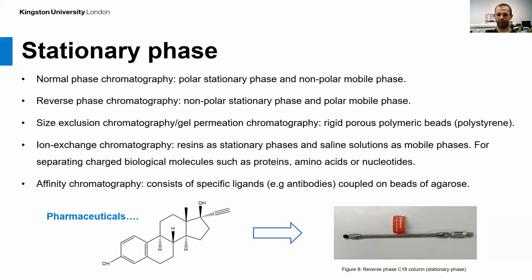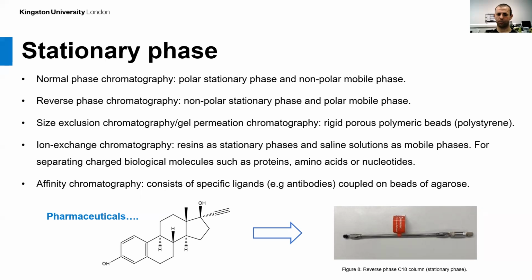Normal phase chromatography: the stationary phase is polar, while the mobile phase is non-polar. Reverse phase chromatography: the stationary phase is non-polar and the mobile phase is polar. Size exclusion chromatography is made up of polymeric beads, for example, polystyrene.